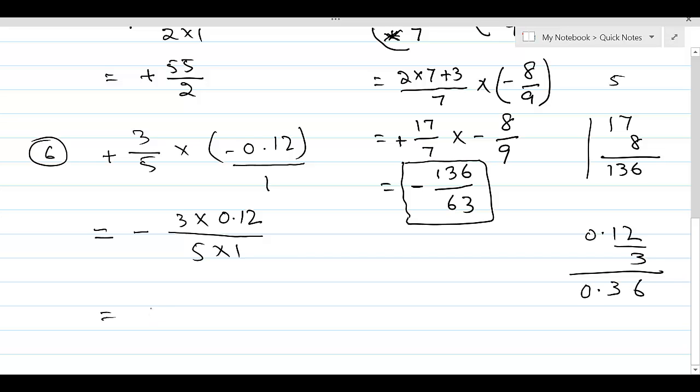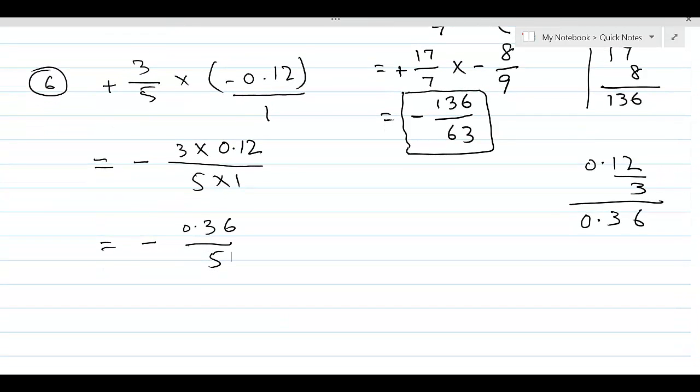So this would be minus 0.36 divided by 5. In order to simplify it, we already know how we can convert a given decimal into a fraction. So minus over 5, and for 0.36 we're gonna write 1 just below the decimal, and then 2 digits, so we place 2 zeros here, and then 36.